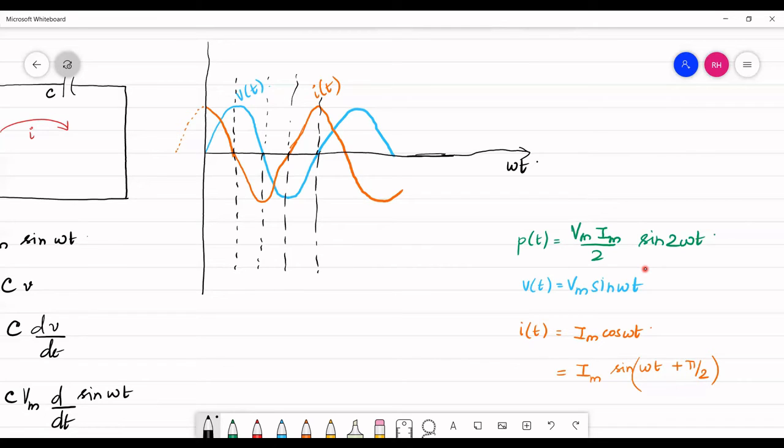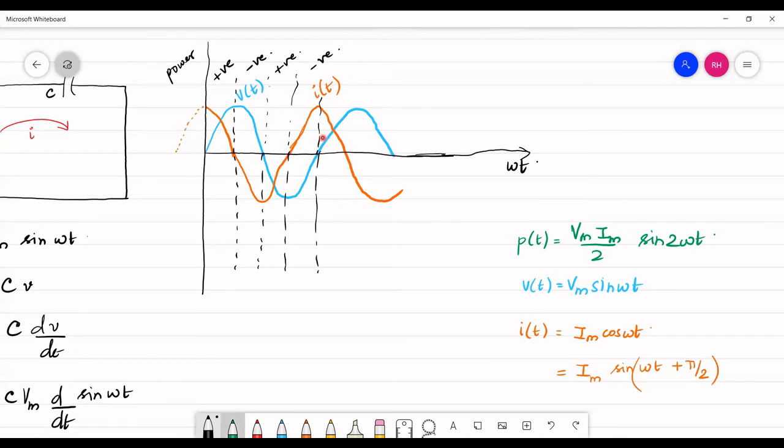Here voltage is positive, current is also positive, so the product is also going to be positive. But what is the product? The product is power. And here voltage is positive, current is negative, so the resultant, that is the product, is negative. And here again, negative, negative, minus into minus is plus. Similarly here, now it's going to be negative.